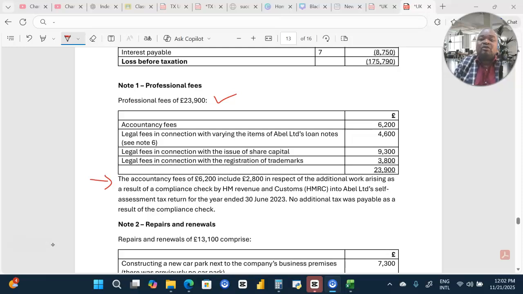But now we are told of further work that was related, the 2.8 that was also included in these accountant fees. HMRC did some work to verify certain records, and there was expenditure incurred to facilitate the HMRC to scrutinize our books.